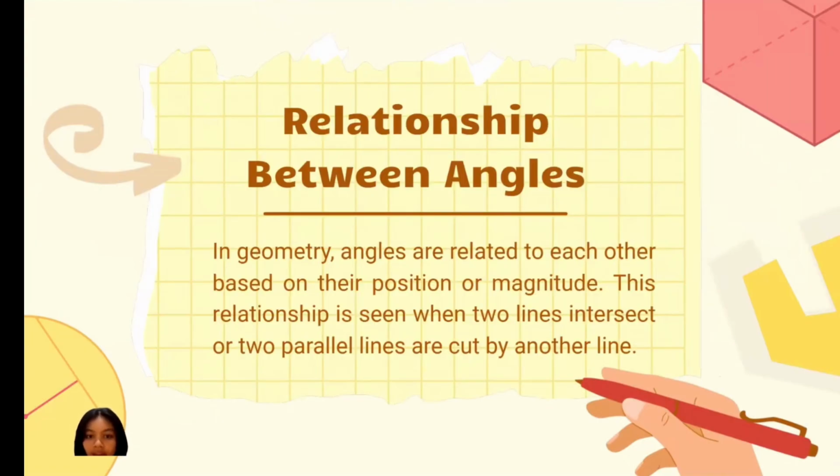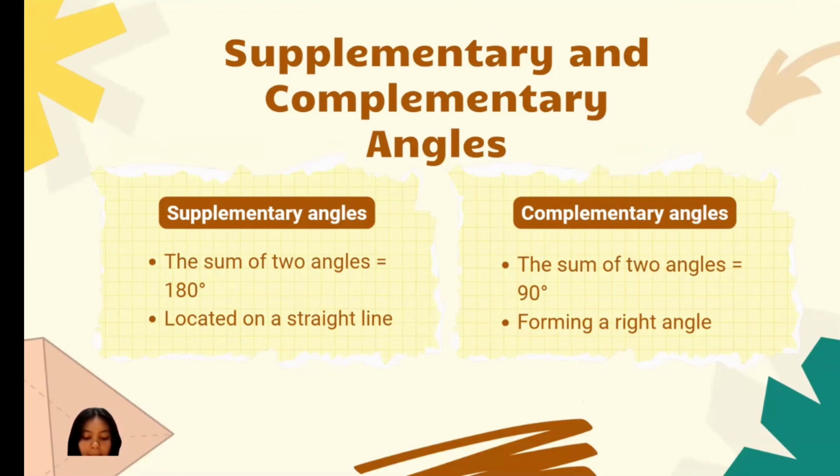In geometry, angles are related to each other based on their position or magnitude. This relationship is seen when two lines intersect or two parallel lines are cut by another line. Now we will learn about complementary angles and supplementary angles. First is supplementary angle.